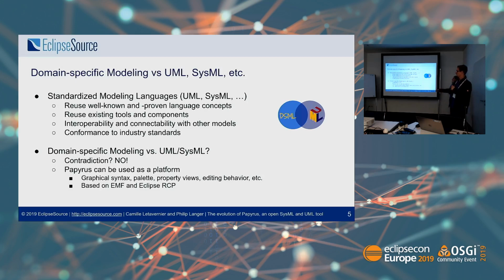Another advantage, and that's actually a huge advantage that is maybe not so clear when you first think about it, is that when you build something based on UML, then those UML models will always be interoperable with other UML models.